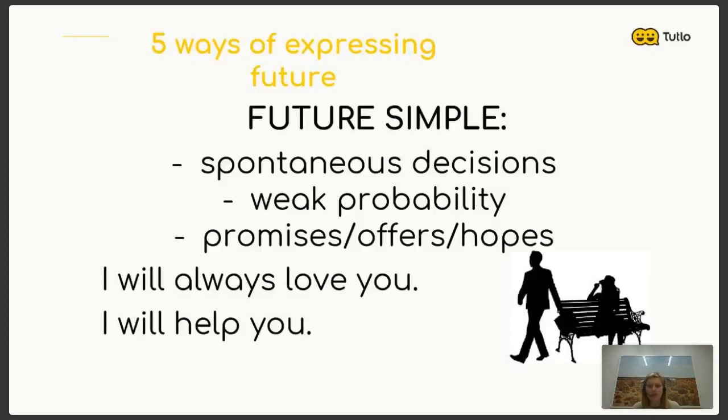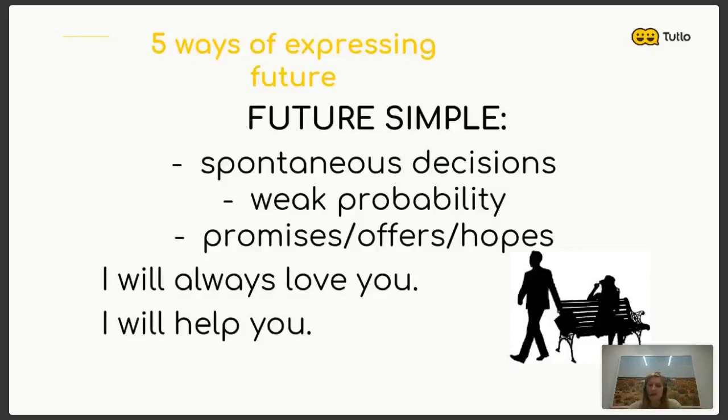If it's a promise, or weak probability when it comes to smoking. It might be a promise, it might be a weak possibility. So I will quit smoking one day, but I don't know when, for example. Or I promise I will quit smoking, you won't see me with a cigarette. So this is about future simple.